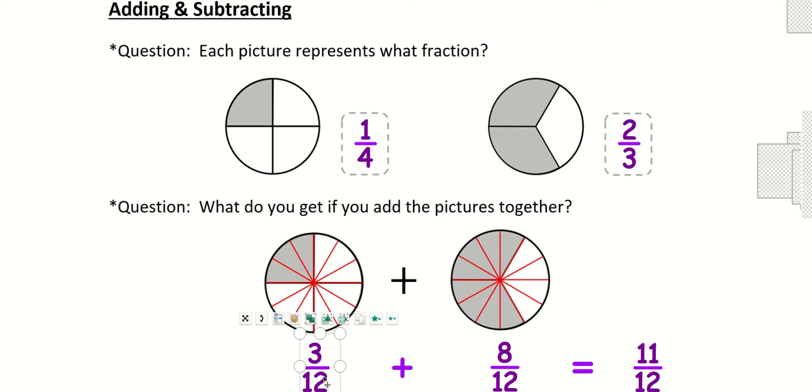And your teacher said, hey everyone, what do you get when you reduce 3/12? Well, you get 1/4, because these two fractions are essentially the same. Just like 8/12 and 2/3 are essentially the same fraction. If you take 8/12 and reduce it, you get 2/3.